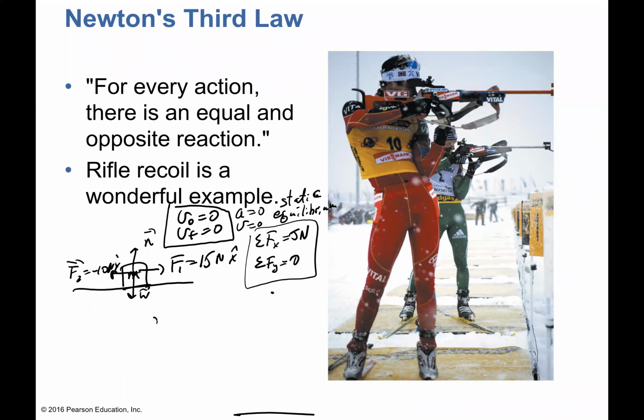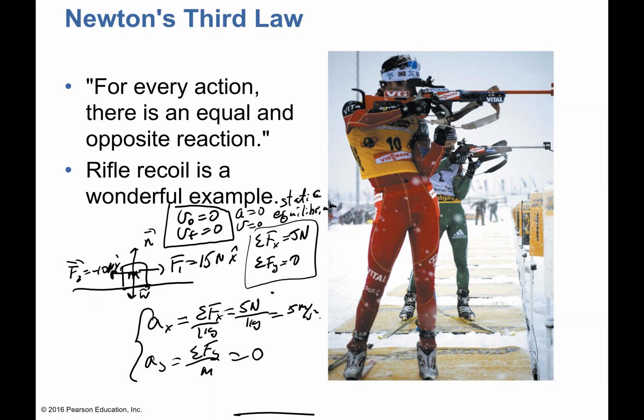Then the acceleration in the x direction, which is net force in the x direction over the mass, is going to be 5 newtons divided by the mass. In the y direction, net force over m is going to be 0 because the net force is 0. So if it's a 1 kilogram object, then the object now has 5 meters per second squared acceleration in the x-hat direction. That means this object is going to start speeding up in a horizontal direction.